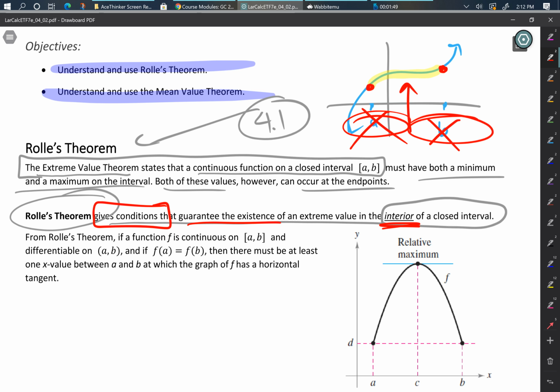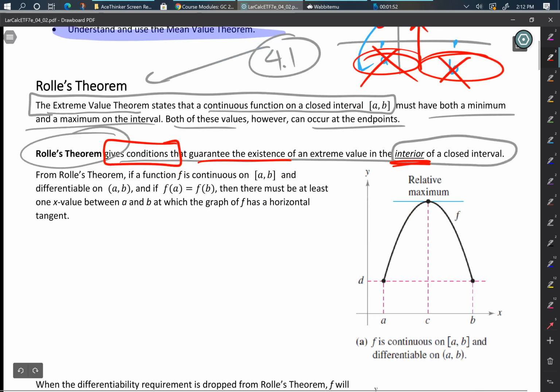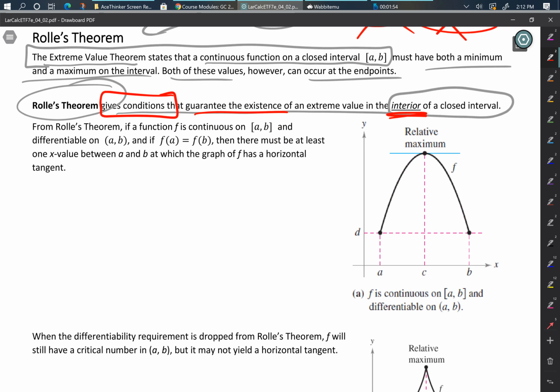All right, so here's how Rolle's theorem works. If a function f is continuous on a closed interval a to b, and it is differentiable on all values between a and b, and, this is the third and, f of a is equal to f of b, that means that whatever value the function starts at on the left-hand edge of that interval, it ends at on the right-hand edge of the interval.